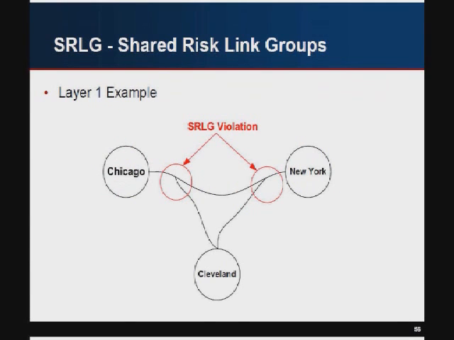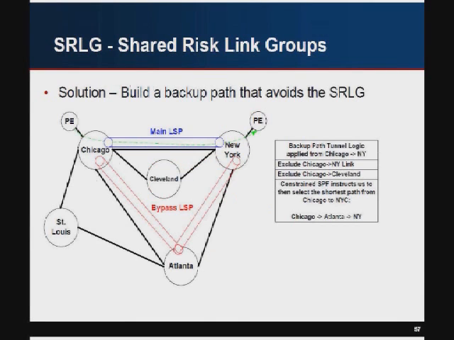So, for example, you might have a direct path from Chicago to New York. You might have an alternate path that goes Chicago, Cleveland, New York, but it turns out that those pieces overlap a significant amount of the infrastructure. And so you want to build a bypass LSP that doesn't touch that same shared resource.